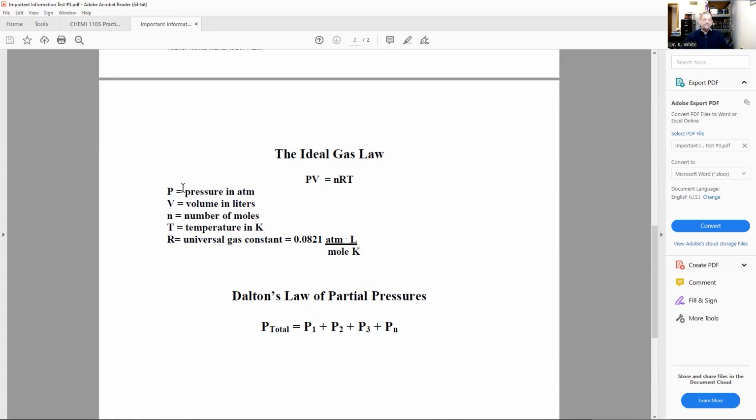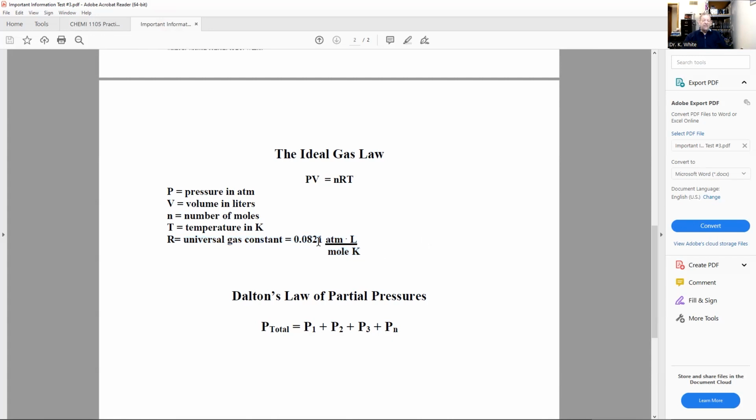Here, pressure is in atmospheres. Volume is in liters. n is the number of moles. Temperature is in Kelvin. And R, for the universal gas law, for this class, listen, for this class, you should use the value of R as 0.821 atmospheres liters per mole K.